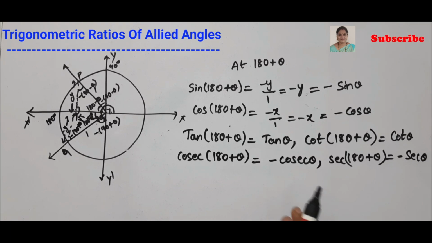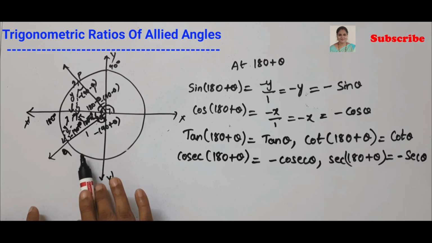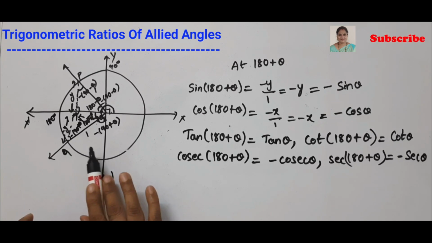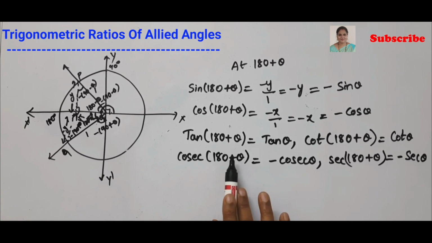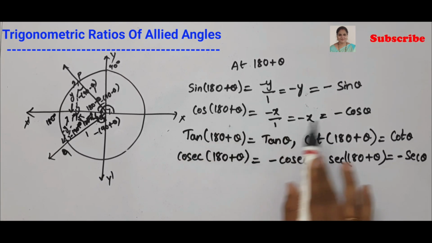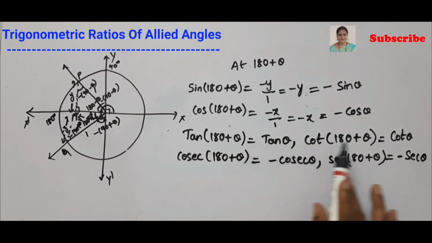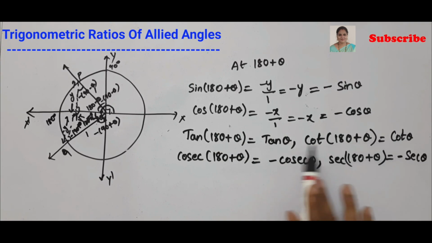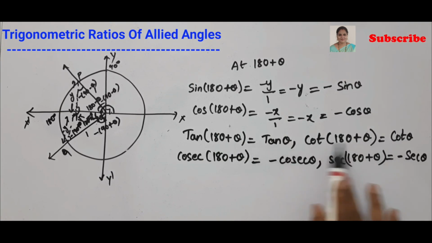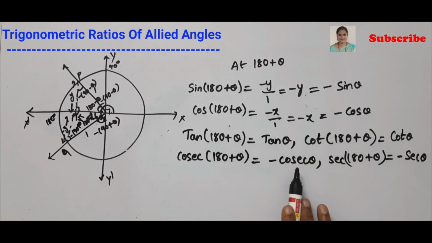So at 180 plus theta, if you observe, the angle is in the third quadrant. In the third quadrant, tan and cot will be positive. Remaining all trigonometric ratios will be negative. We got the same at 180 plus theta: tan is positive, cot is positive. Except these two, remaining all are negative.